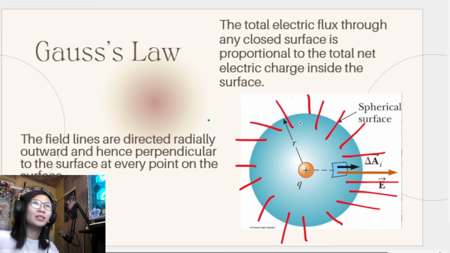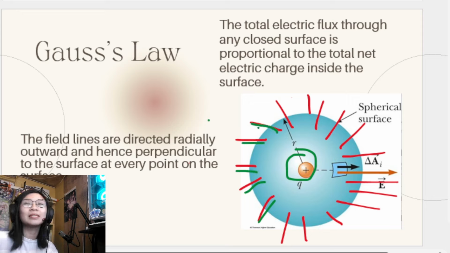So if this is your A, the red one is your A. So it means because of this charge, your E will also be parallel to your A at any point. And we know before in the electric flux, if your E and A are parallel, or the same direction, they are, let's say, positive.